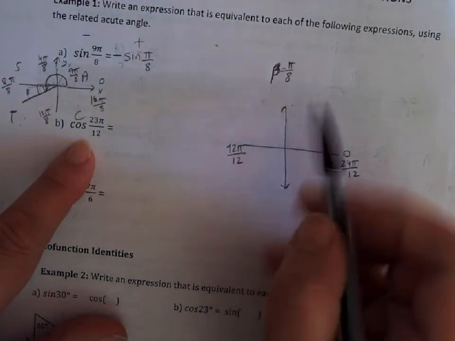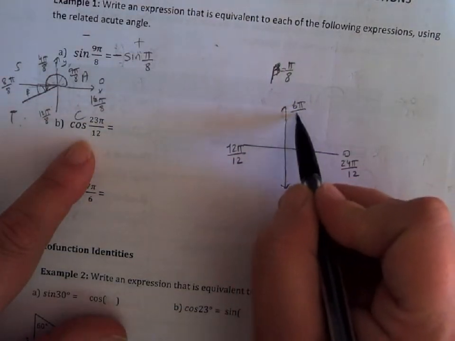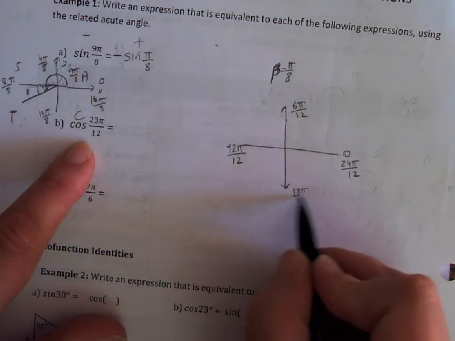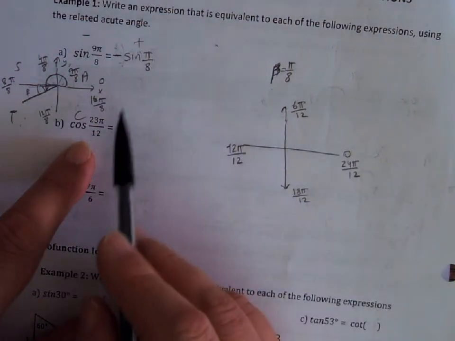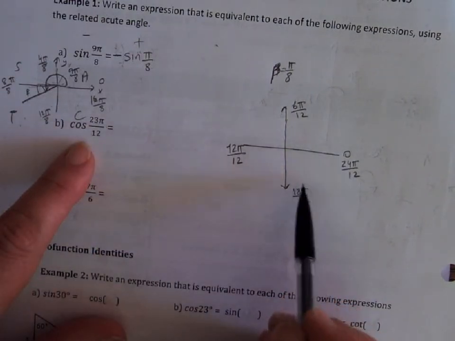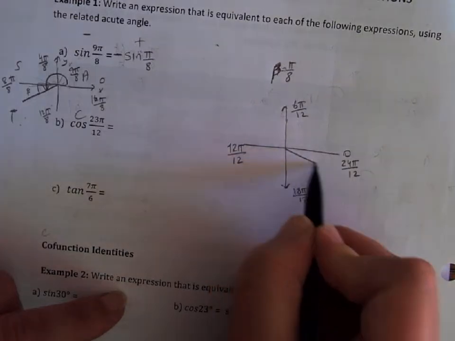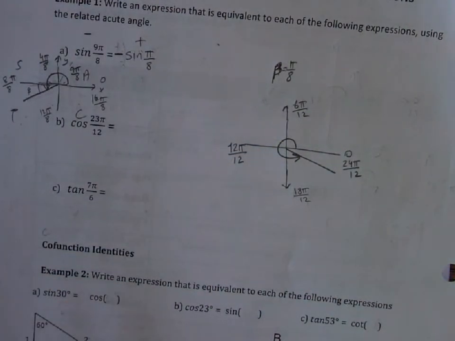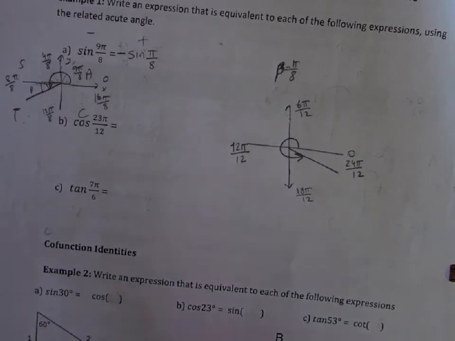This is pi over 2, that is 6 pi over 12, and 3 pi over 2 is 18 pi over 12. So 13 pi over 12, as you see, is going to be in the fourth quadrant. So that is angle theta, or 23 pi over 12.